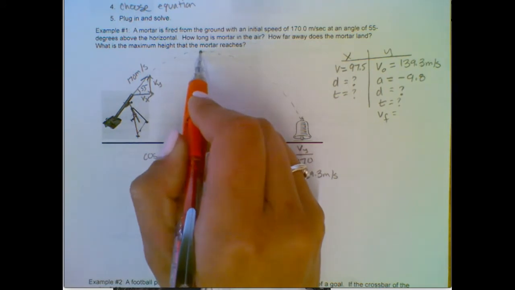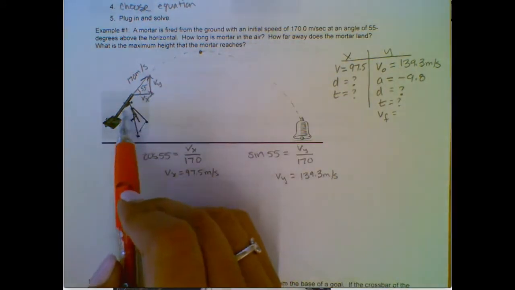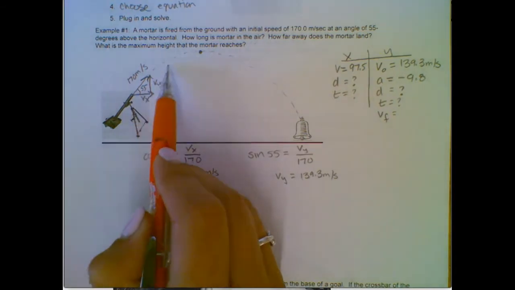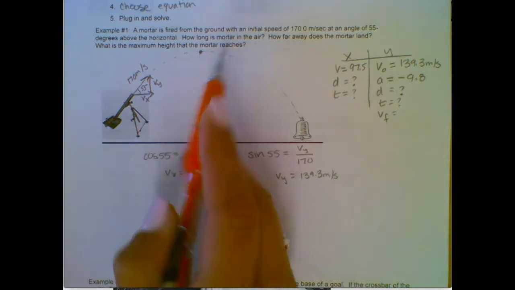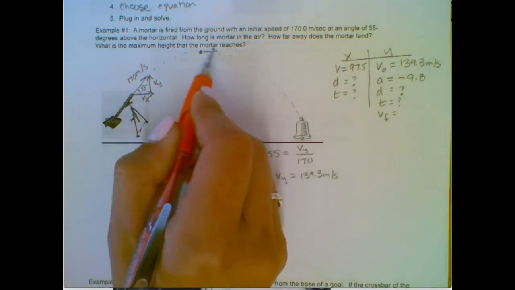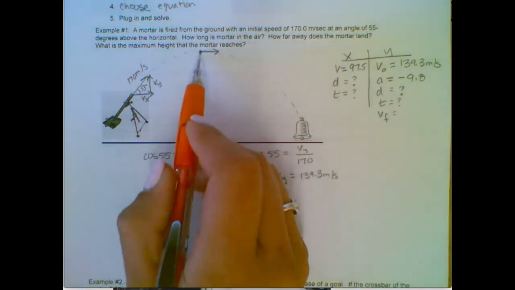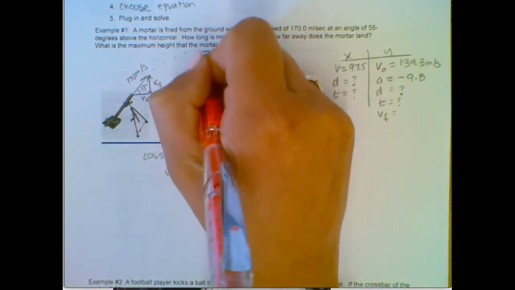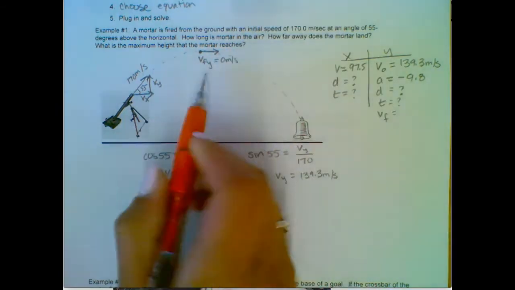And there's an important spot right at the top up here. The key is that as the projectile comes up, when it hits this very, very top point, it will only be moving in the x direction at that point. And so what we can say is that the v final in the y direction is 0 at this point.